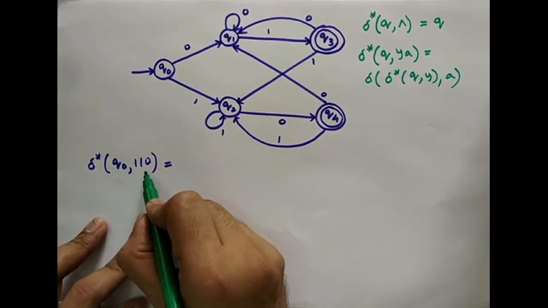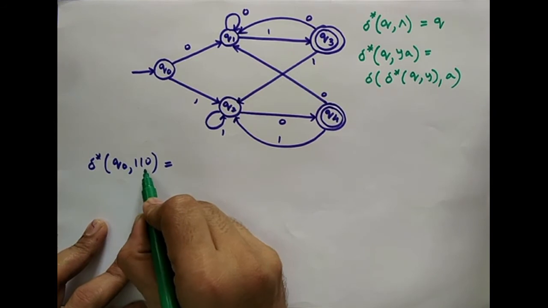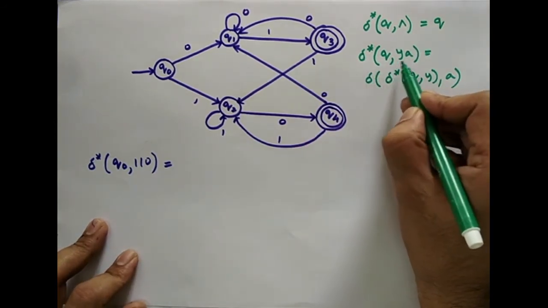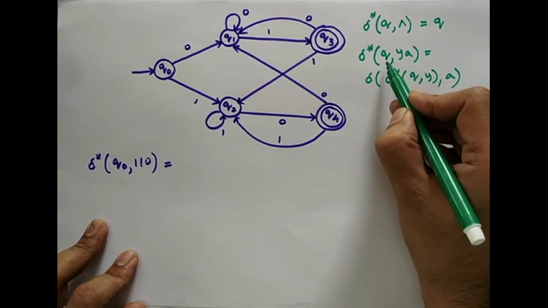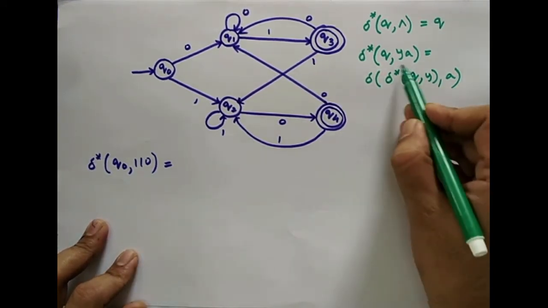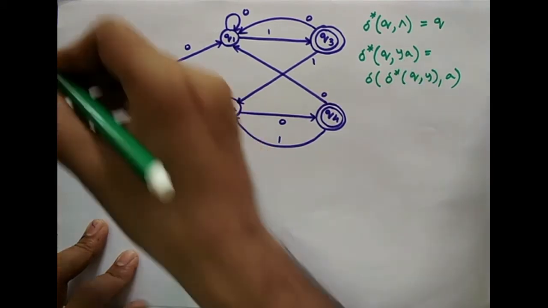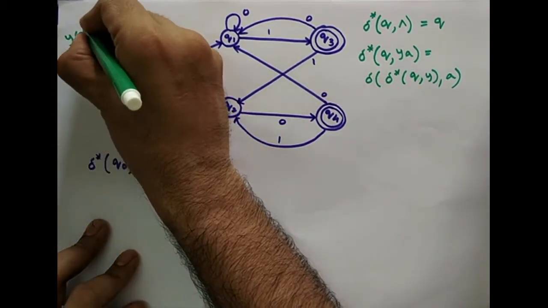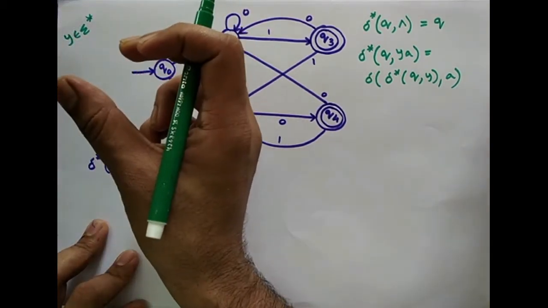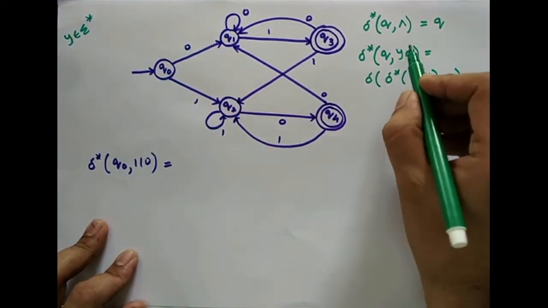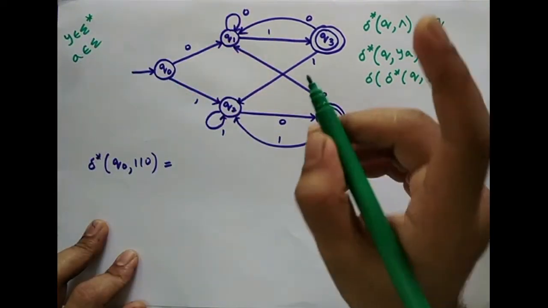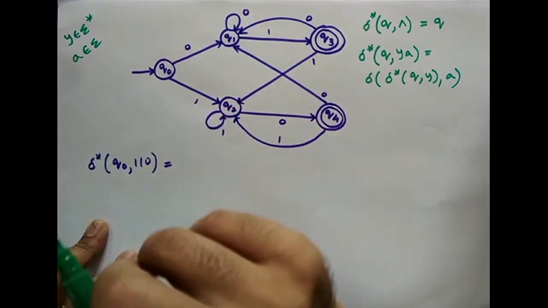Now the input string that is given to us is 110. What is the length of this string? It is definitely not null. It is more than 1, right? So we will use this formula. Now in this formula, q is nothing but q0, and 110 is the string ya. Now what is y? Y belongs to sigma star, that means y is some string whose length can be more, whereas a belongs to sigma, that means a is a string of length 1, a single symbol.